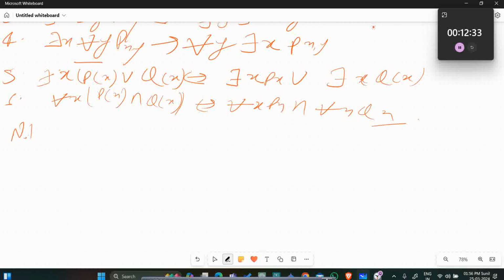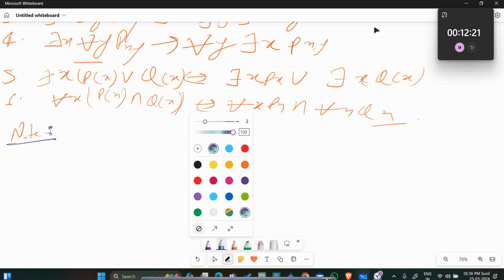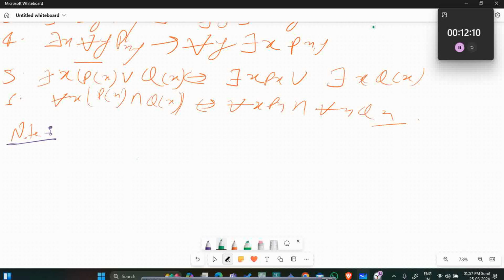One note is, notice that for all is not distributive over disjunction.